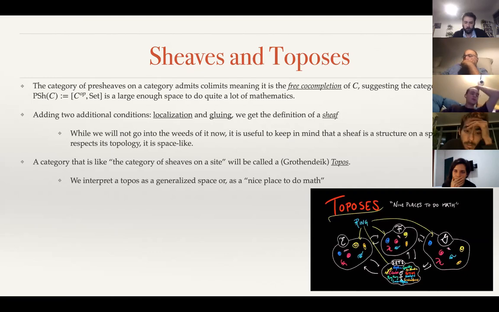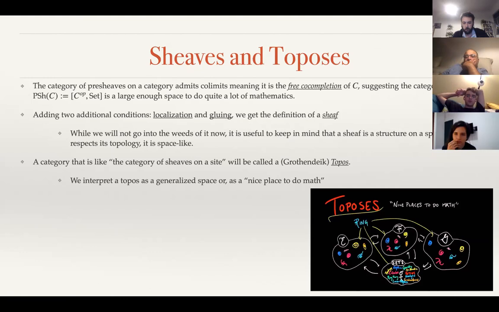So looking generally, we're not going to go too technical into this because it gets very difficult very fast, but I want to give a general overview, an idea of what these things are. So categories of presheaves on a category admit colimits, all colimits. I was mistaken saying they have all limits, but they have all colimits, which is essentially gluings together.